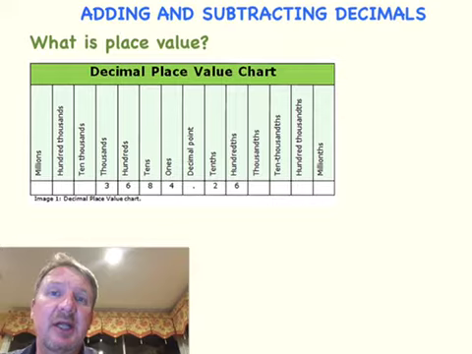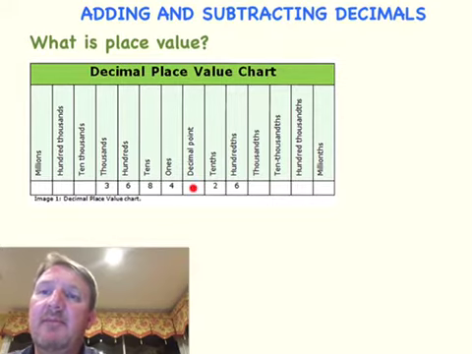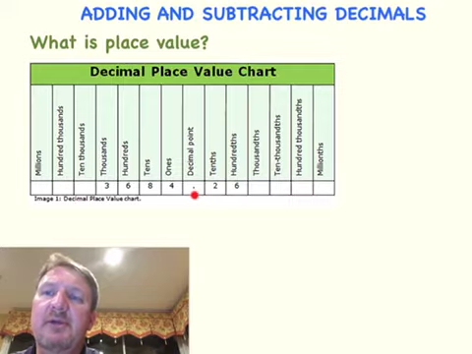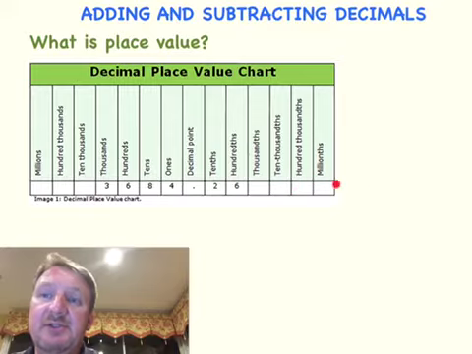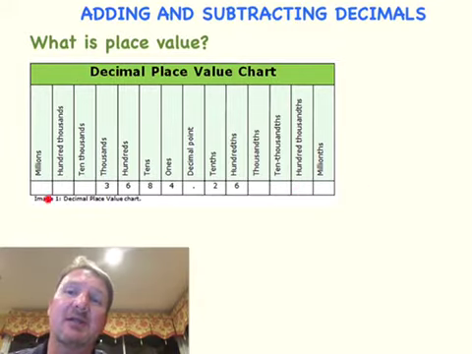None of that's changed. But now we're introducing the decimal, and you have place values going to the right of the decimal also: the tenths, the hundredths, the thousandths, the ten-thousandths, the hundred-thousandths, the millionths, and so on. It just keeps going, just like it does in that direction.